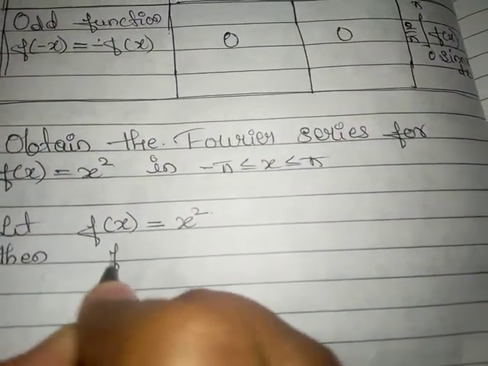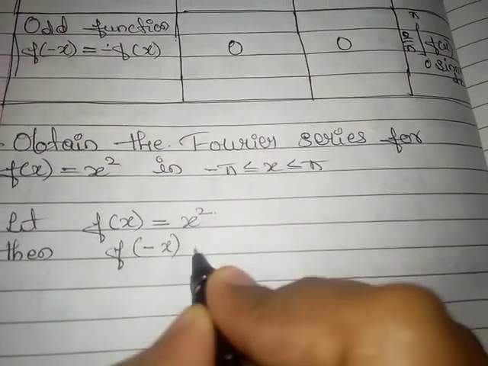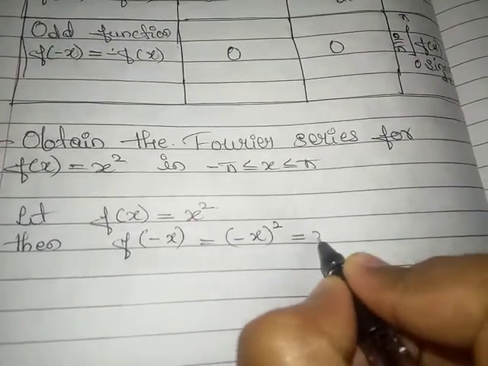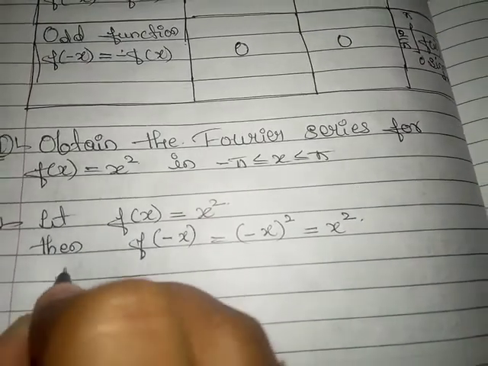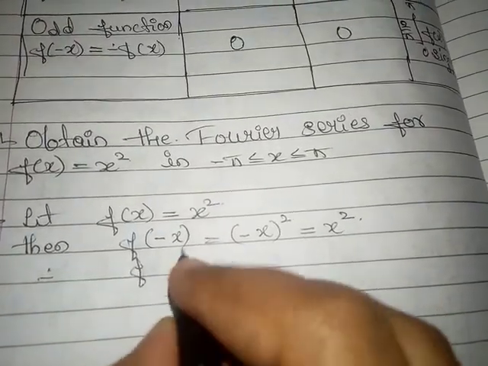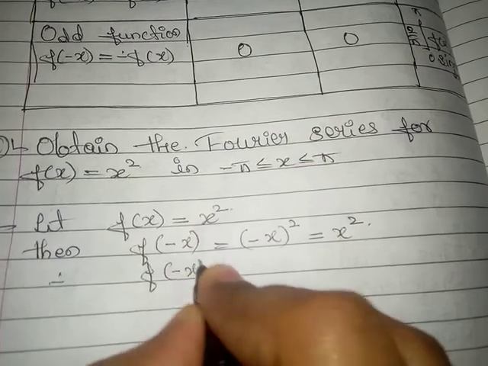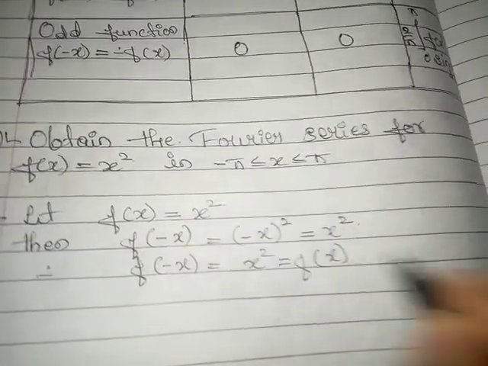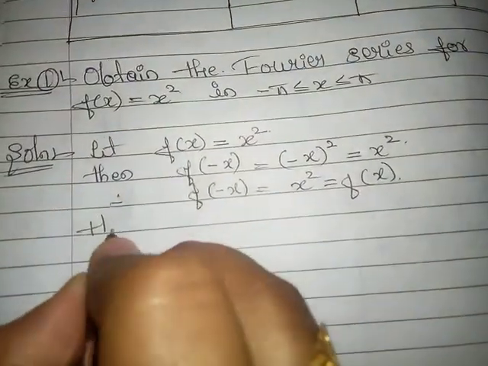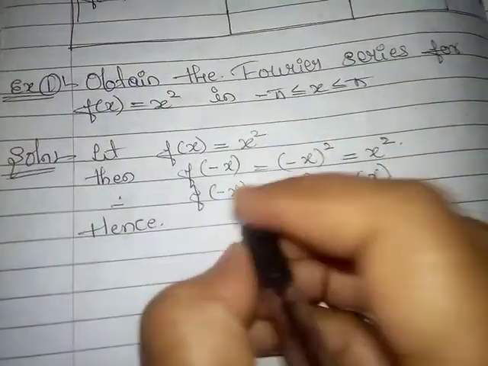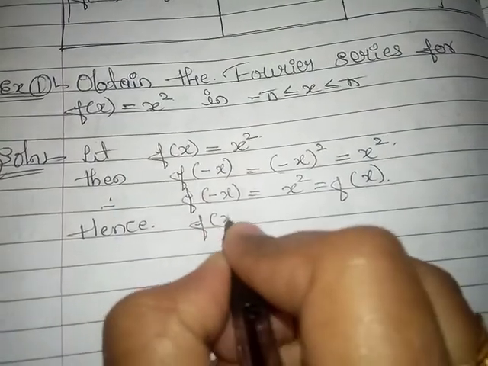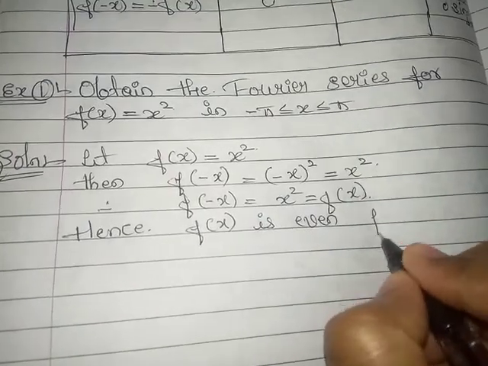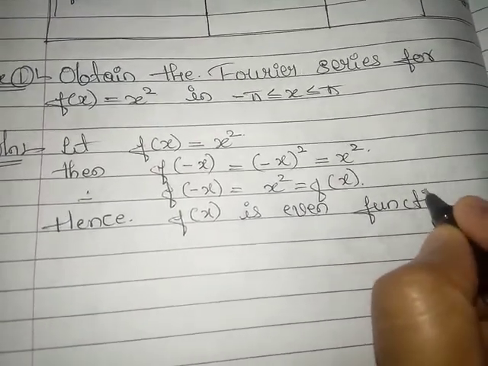For that, f of minus x is equal to minus x whole square, which is equal to x square. Therefore f of minus x is equal to x square, which is equal to f of x. Hence f of x is an even function, means the given function is even.